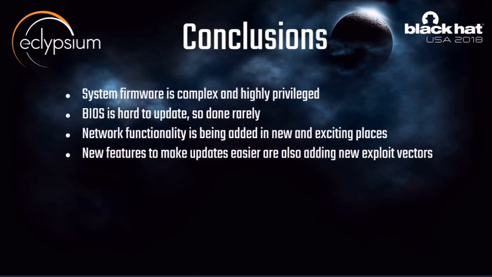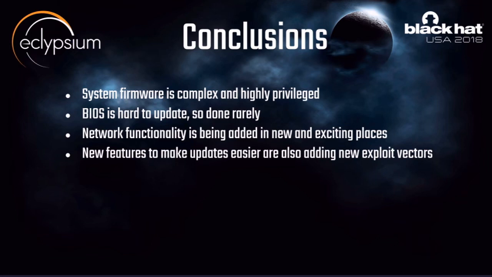So some basic concepts: systems firmware is really big, it's complex, it's highly privileged software, and it runs before the operating system loads. Also, BIOS has had a bunch of issues where it's been kind of a mess, and it's getting better. The update process still is a mess. It's hard to update, and a lot of people don't update BIOS.